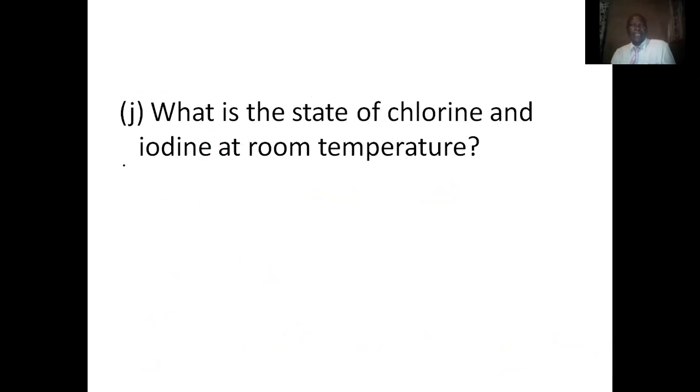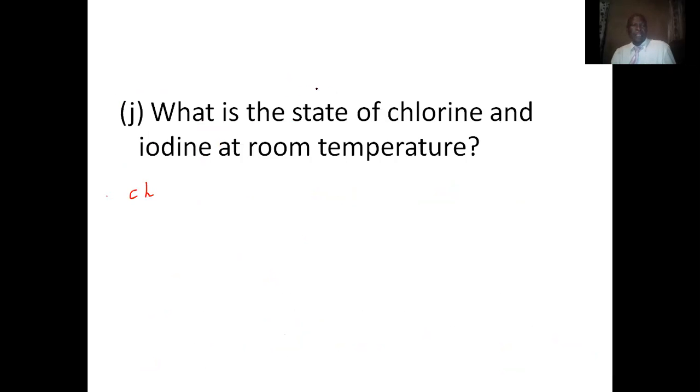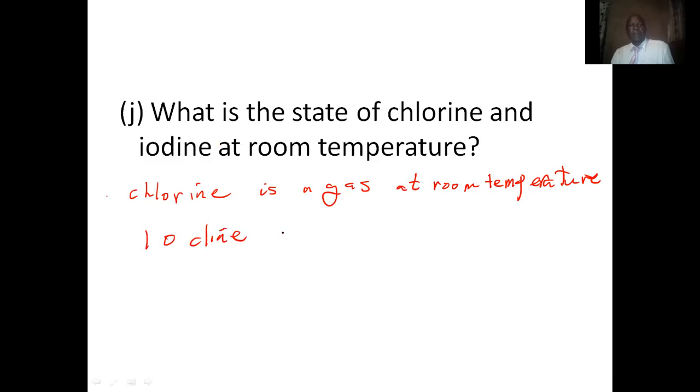What is the state of chlorine and iodine at room temperature? Chlorine is a gas at room temperature, while iodine is a solid at room temperature.